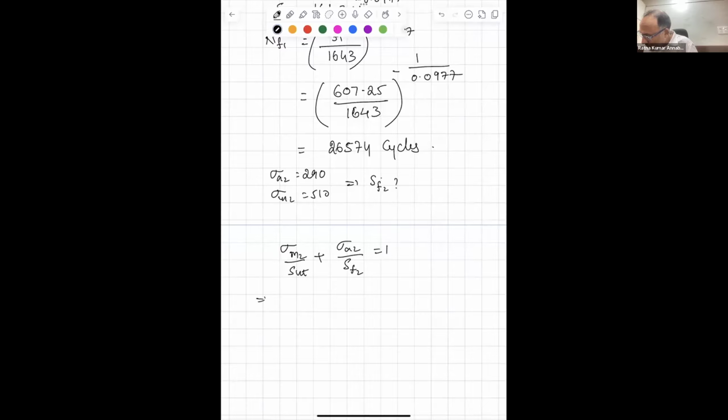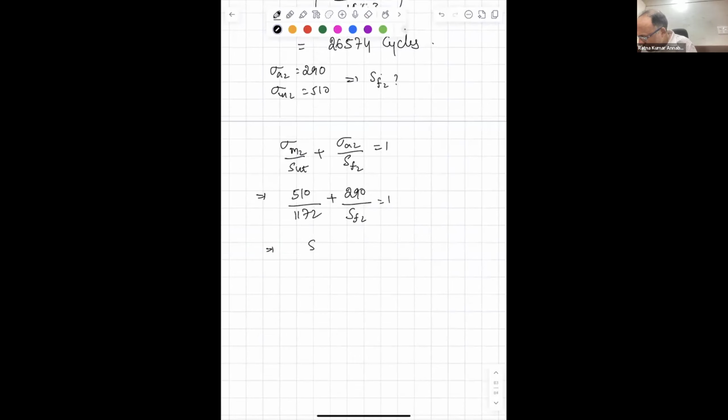Again I follow sigma M2 by SUT plus sigma A2 by SF2 is equal to 1. That implies 510 by 1172 plus 290 by SF2 is equal to 1.